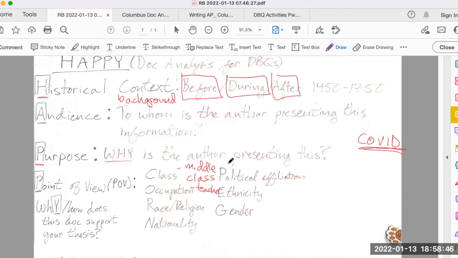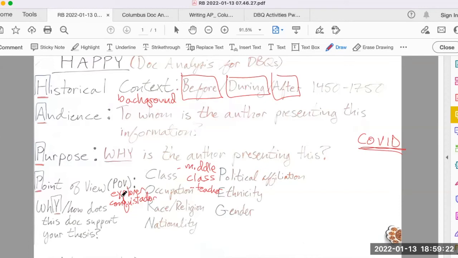Okay, so go ahead and take a moment to pause and think about what is Christopher Columbus's occupation, since he's the author of the document we're analyzing. Okay, if you said that he was an explorer, and then eventually a conquistador, that would be a good answer for his occupation.